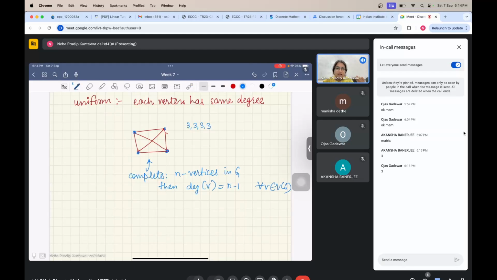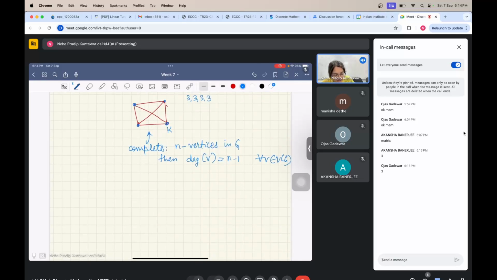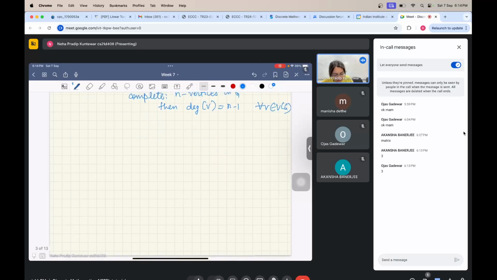And this is an infinite family. So for example, this is called K3, K4, which is a complete graph on 4 vertices. Can you tell me what K5 looks like? So I have 5 vertices.